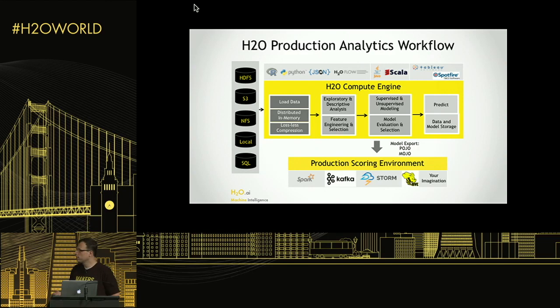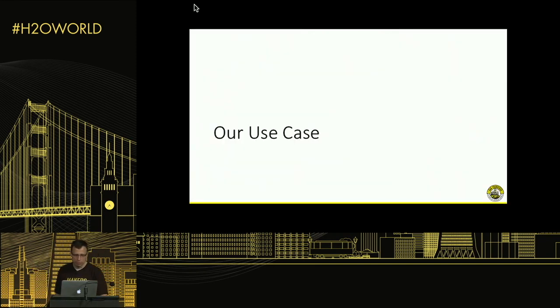But if your environment is not necessarily Java-based, you can still expose the predictive capabilities as a microservice, and we have templates or, let's say, a set of guidelines on how best to integrate H2O in your specific environment. The natural ones are Spark, Kafka, Storm, Hive, but it's virtually limitless. You can do almost anything.